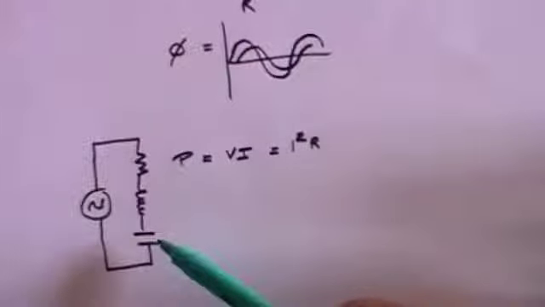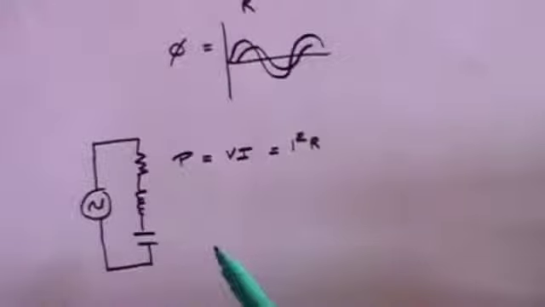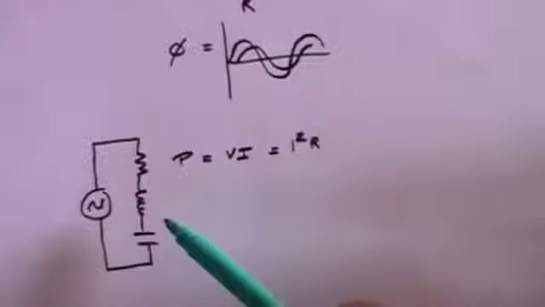But there is no power loss in a perfect inductor or a perfect capacitor. I say perfect because, of course, in practice, there will be some element of resistance in both. But in theory, at any rate, and in terms of exams, you usually think in terms of the theory, there is no resistance associated with these, only a reactance. Consequently, there is no power loss.